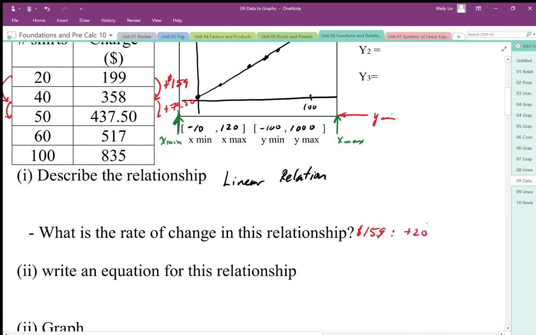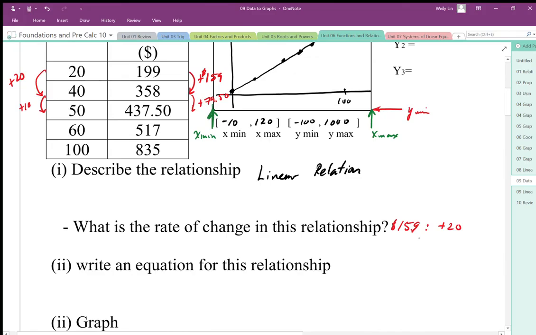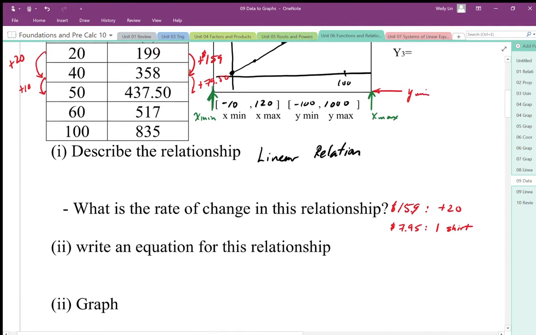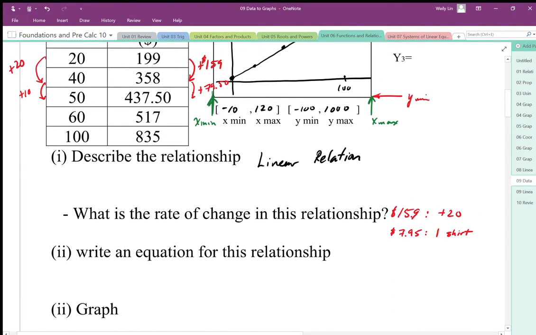When I simplify this into a unit rate, I divide, and it's going to be $7.95 for each shirt. So 10 shirts, I get an extra charge of plus $79.50. So this is my rate of change. Okay, and I find my rate of change on the outside of the graph.